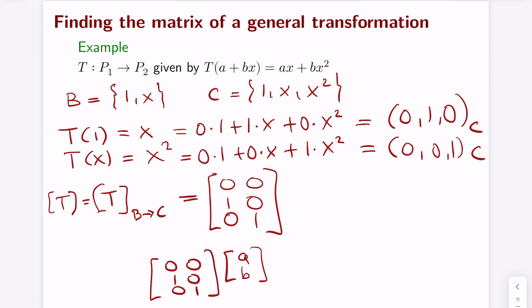These are the coordinates. And so when we do the multiplication here, this times this, 0 plus 0 is 0, this times this, a plus 0 is a, and this times this, 0 plus b is b. So this is the transformed vector here.